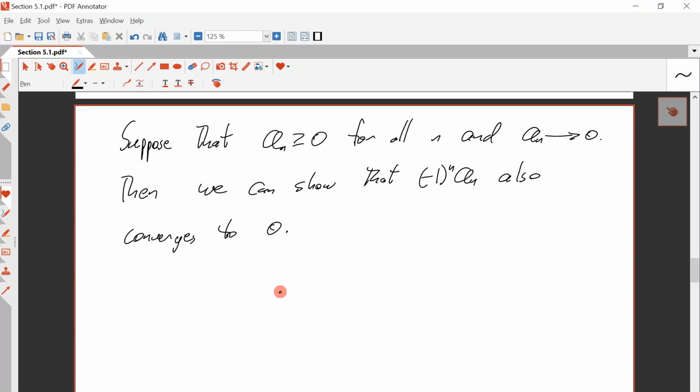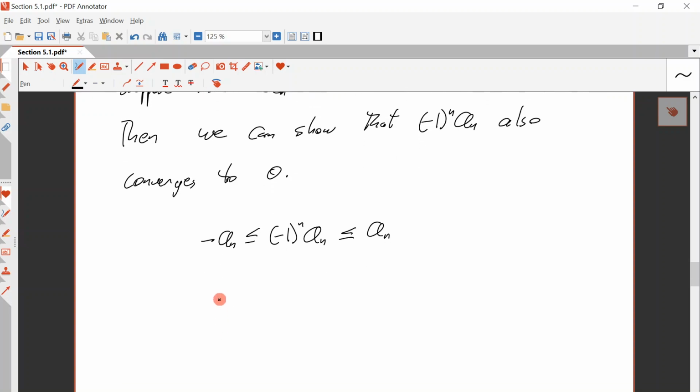Well, minus 1 to the n times the sequence a_n is less than or equal to a_n, the positive a_n, and it's bigger than or equal to minus a_n, the negative a_n. It's either equal to positive a_n or negative a_n for even and odd values of n. So anyway, it's stuck in this range.